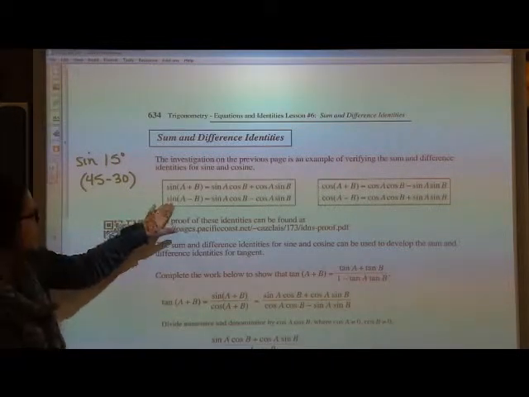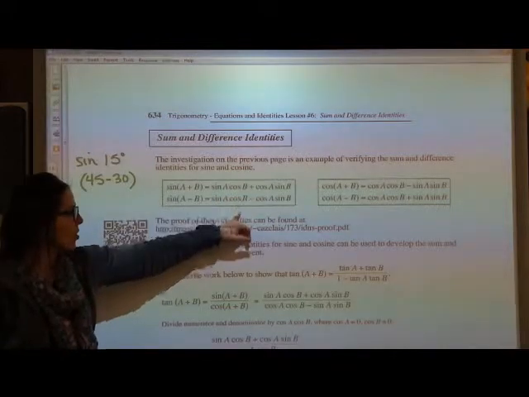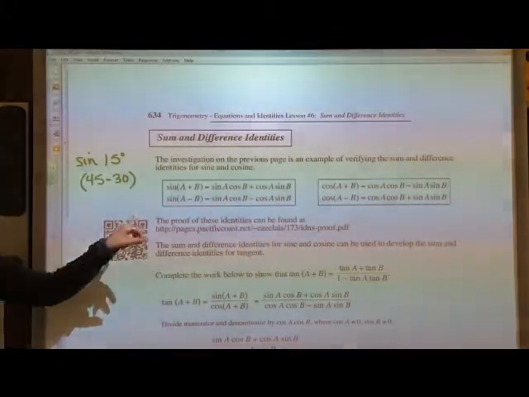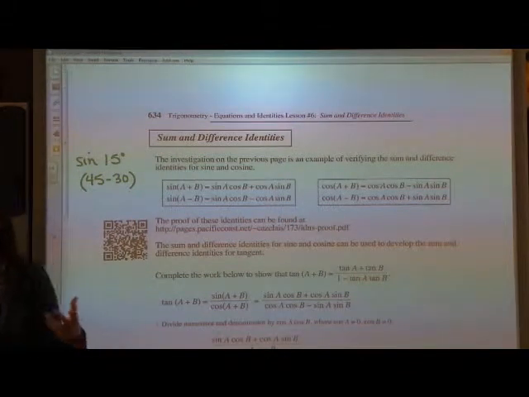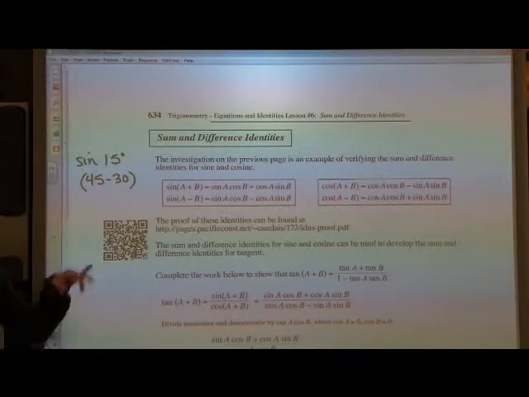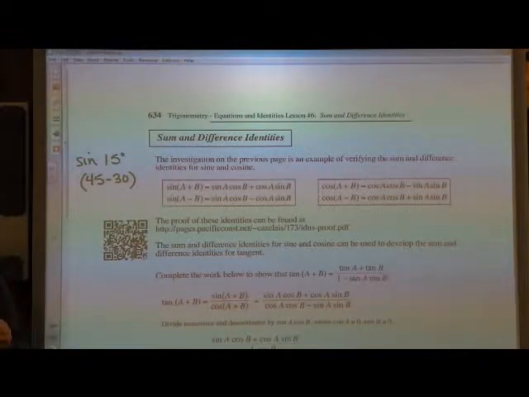So then I could use this and find sine 45 cos 30, cos 45 sine 30. And I could use the exact values because I have those exact values. So if we use the exact values from the chart that's on the top of the first page, I can use that to help me find the exact values of some of these more obscure answers.